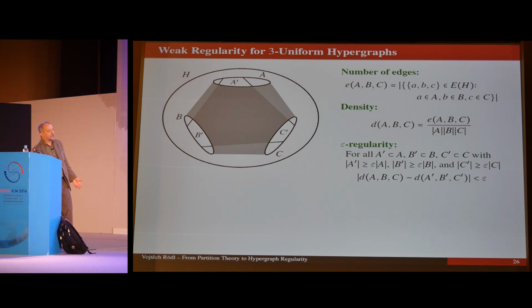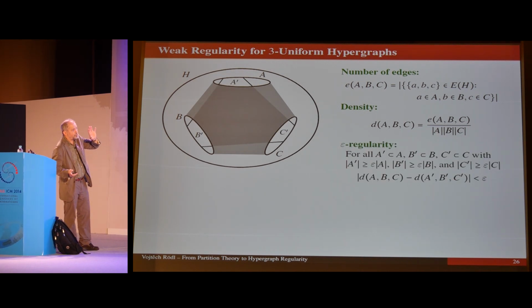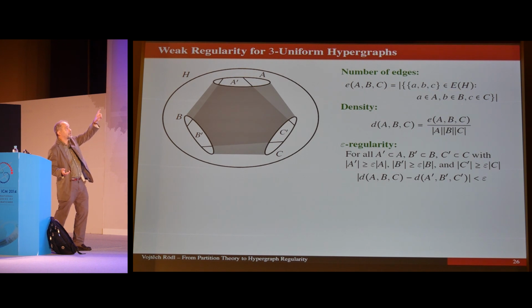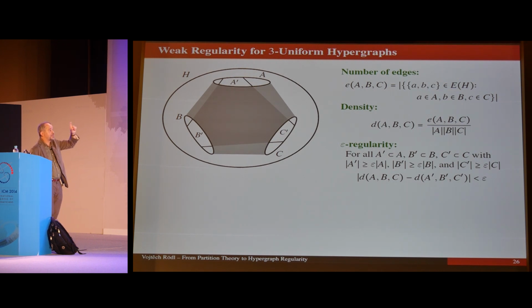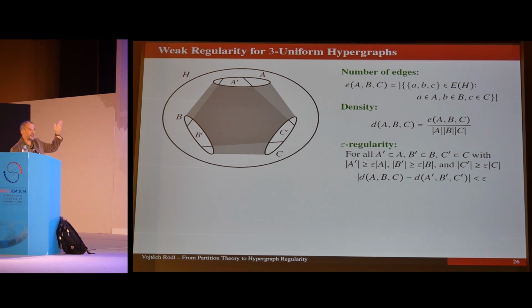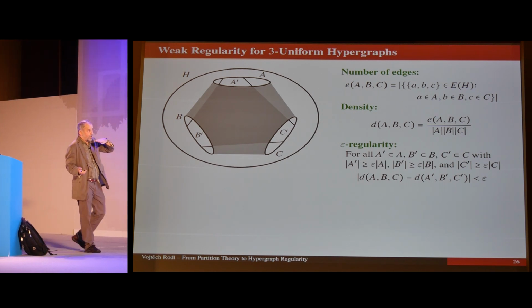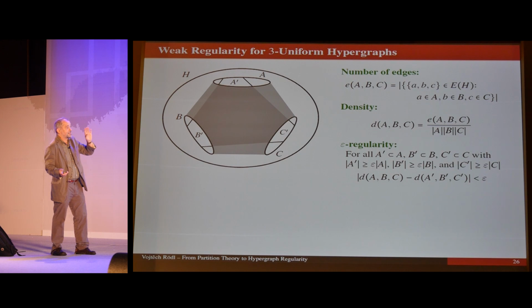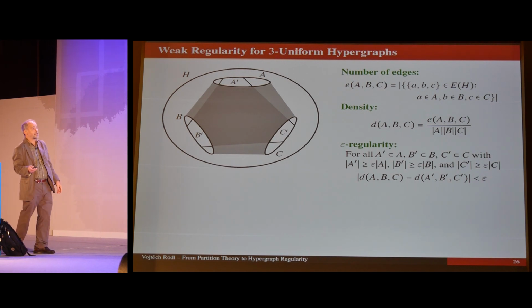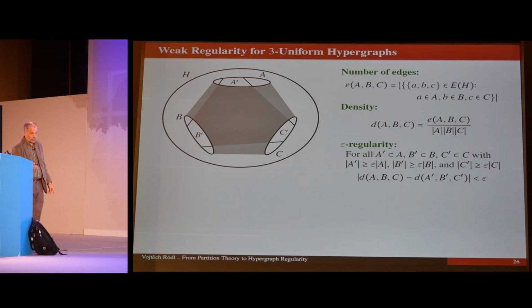And then I would define epsilon regularity, which would mean the same thing. No matter which A prime, B prime, and C prime I take, if they are sufficiently large, the density among A prime, B prime, C prime is about the same as the density of the original triple.